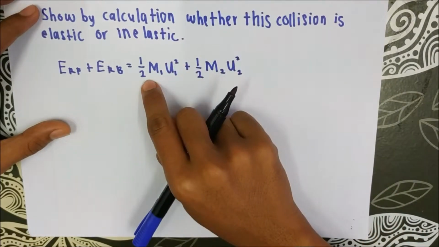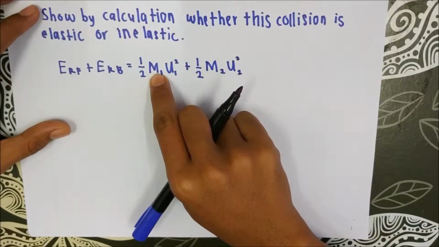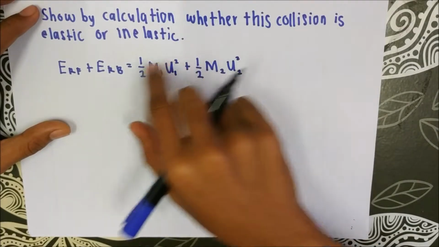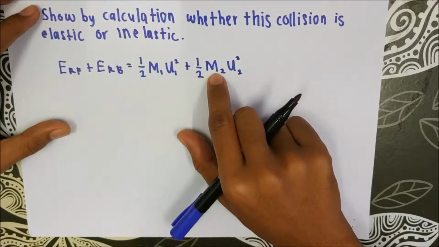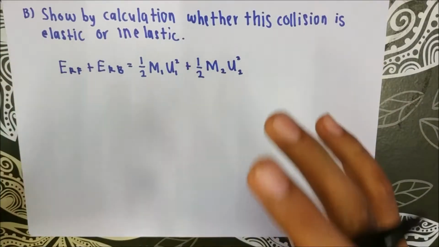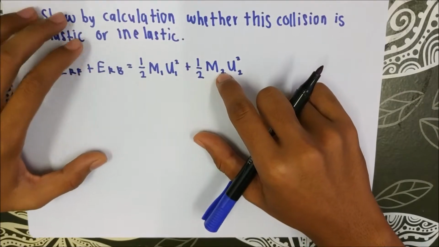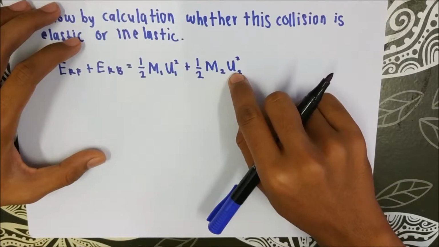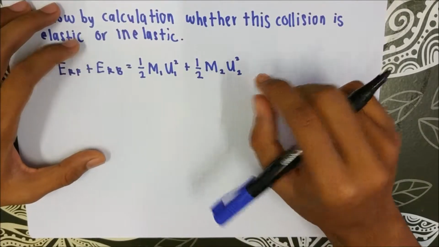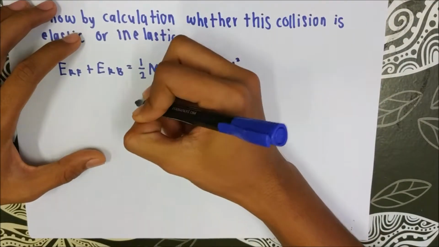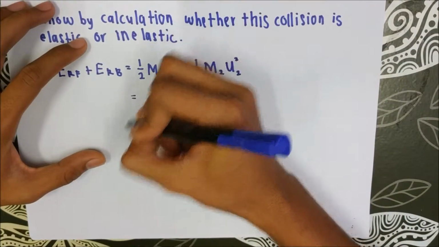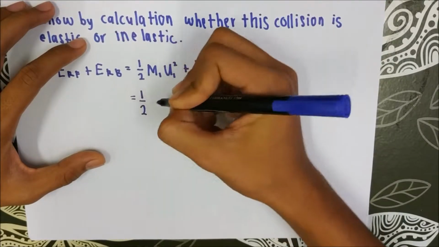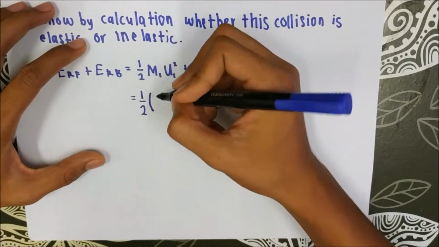M refers to mass, and U refers to velocity, for the forward and for the backline particle. Let's continue our calculation.